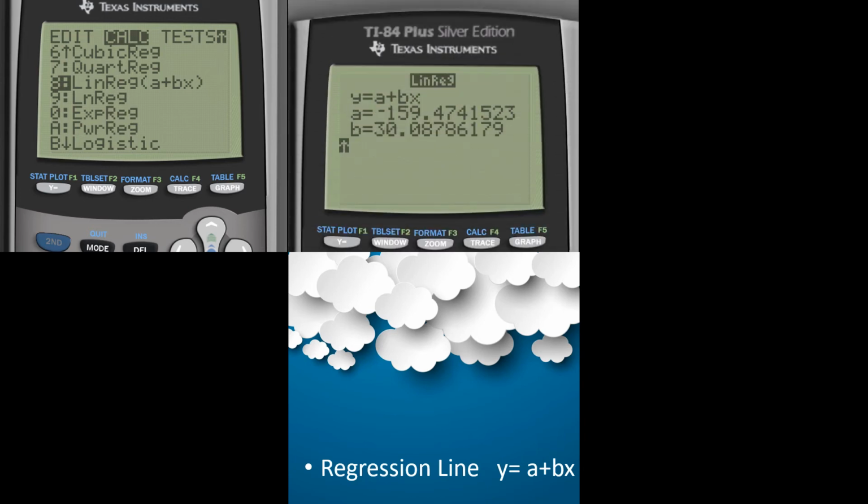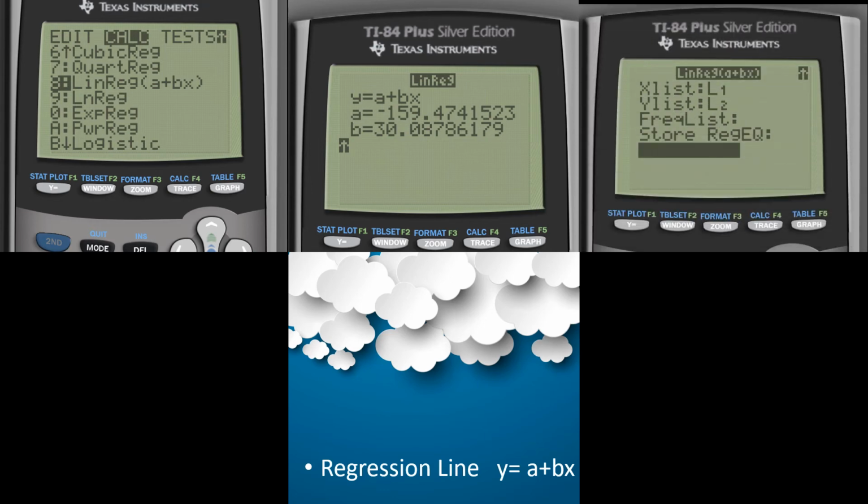In order to get the regression line y equal to a plus bx using our graphing calculator, since all these values are already entered under L1 and L2, let us select stat calc number 8, which is the linear regression a plus bx. So if I select number 8 linear regression, that will give us the value for a and b, where b is the slope and a is the intercept. It looks like b is positive, so it has a positive slope.